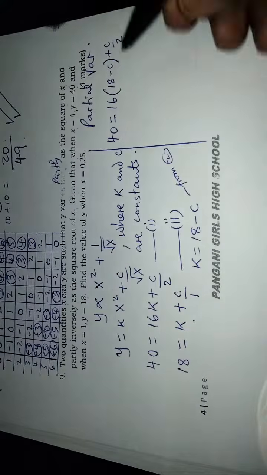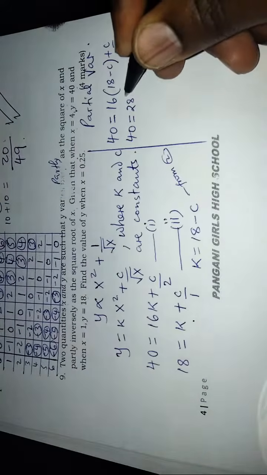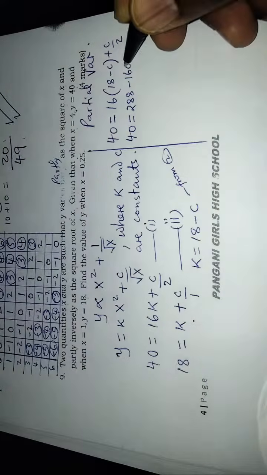From equation 2, equation 1 can become 40 equals 16, and instead of k, we have 18 minus c, plus c out of 2. So this will be 40 equals, we have 18 by 16, giving us 288, minus 16c plus half c.